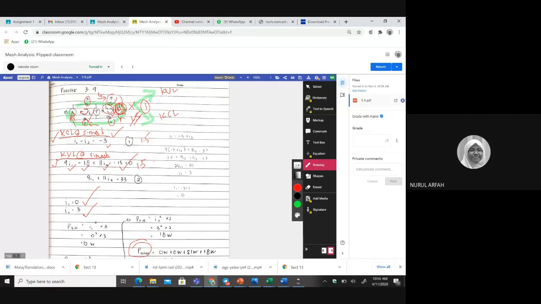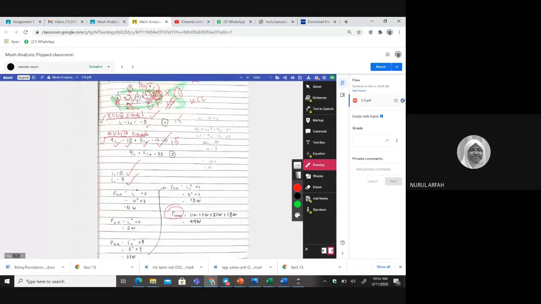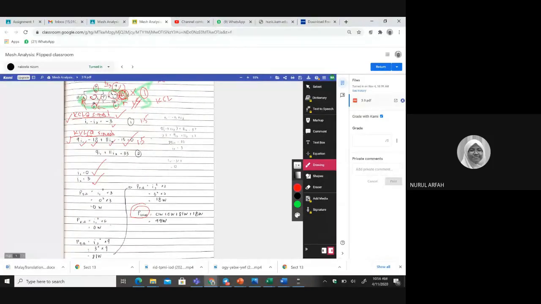Okay, that's how we do. Current delivered should be equal to current absorbed, or summation of all power should be equal to 0. Tadi saya kata current, it's supposed to be power.